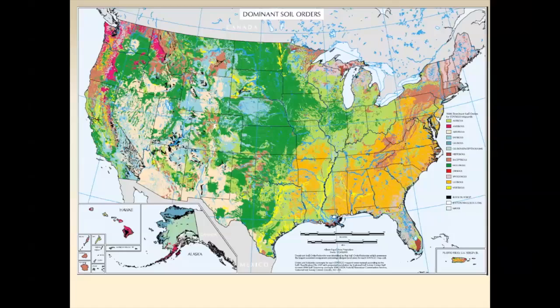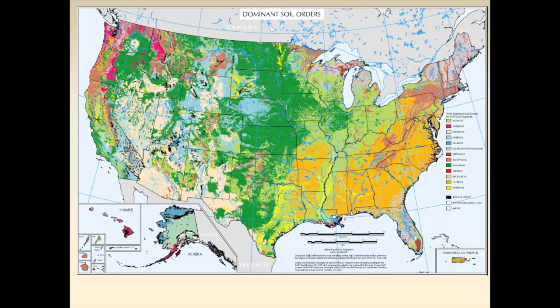Other soils that you might find in South Carolina, on the coast, you'd find Spodosols. You also find things called Histosols. Histosols are soils that have very high amounts of organic matter in them, upwards of 20%. We talked a little bit about Carolina Bays. Carolina Bays would have that.